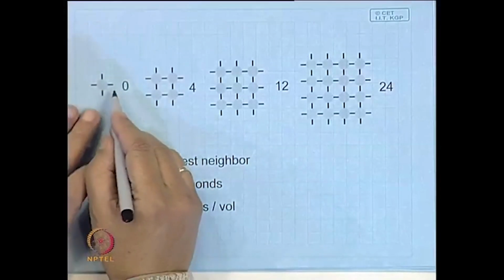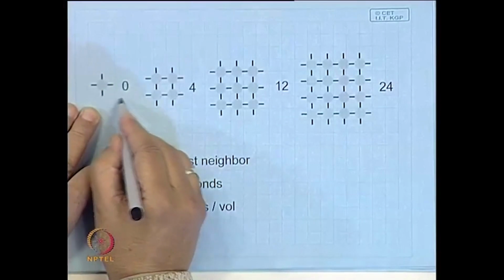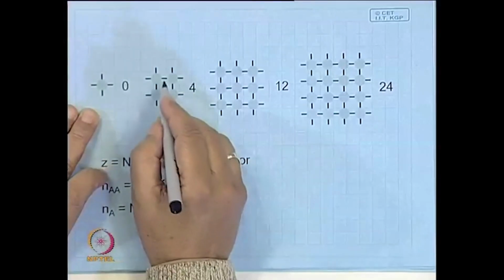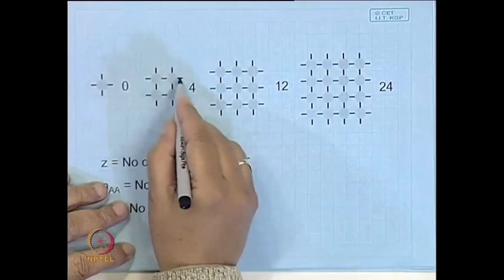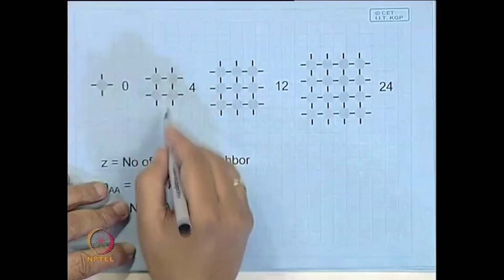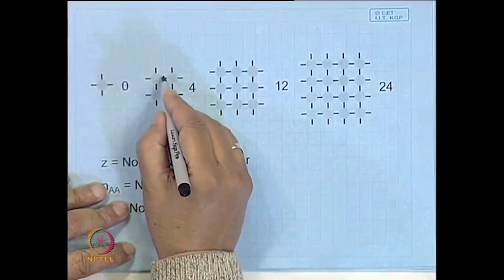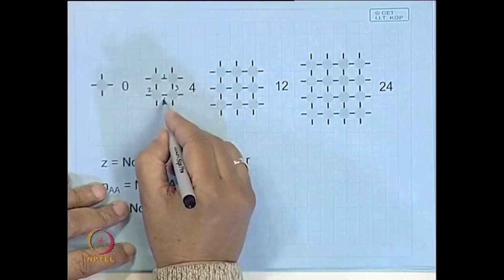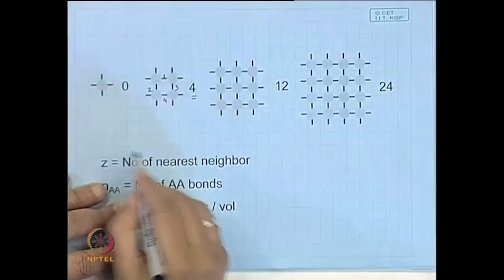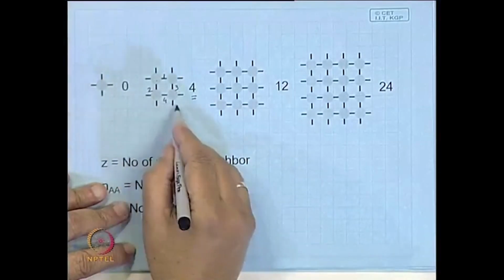In that case, here the number of bonds formed is 0. Now, if a bond forms with a similar atom, which is shown over here, a few of these bonds form. So here the number of bonds, this is 1, 2, 3, 4 bonds formed, and these are yet to form bonds.